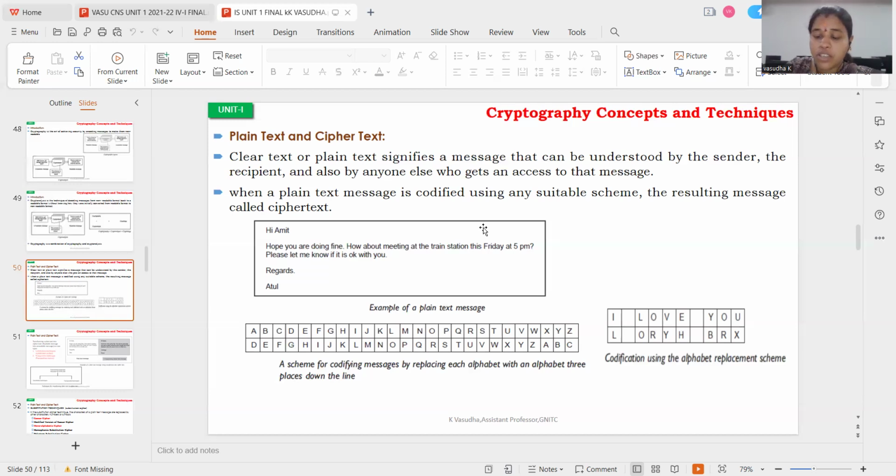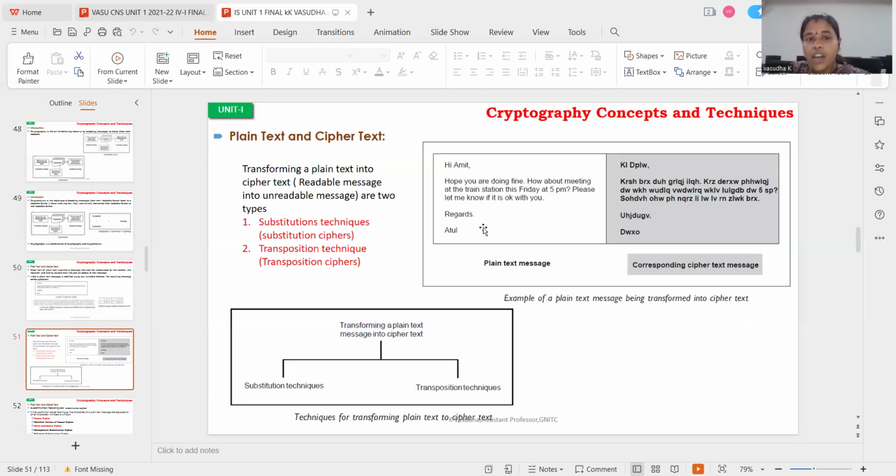To convert from plain text to ciphertext, we have two methodologies. Here we are transforming the plain text into the ciphertext, and the brackets specify readable message to non-readable message. Plain text is the readable message, ciphertext is the non-readable format of the message.